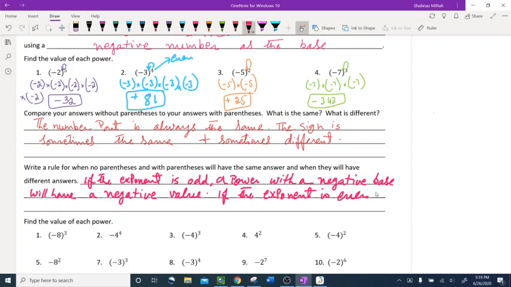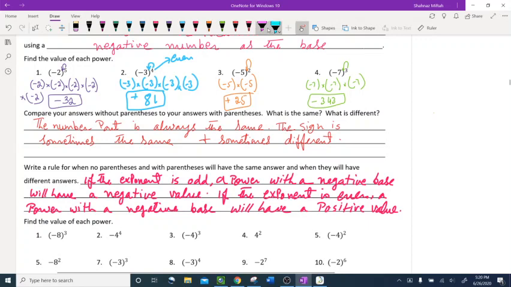If the exponent is even, a power with a negative base will have a positive value.